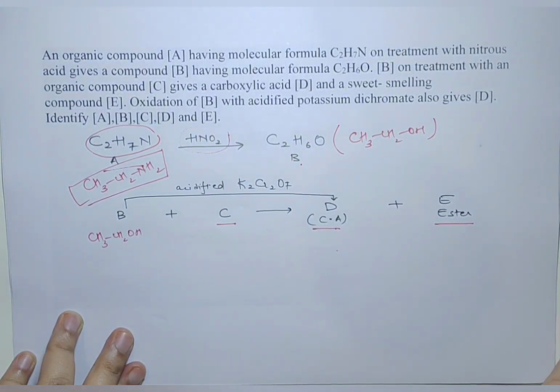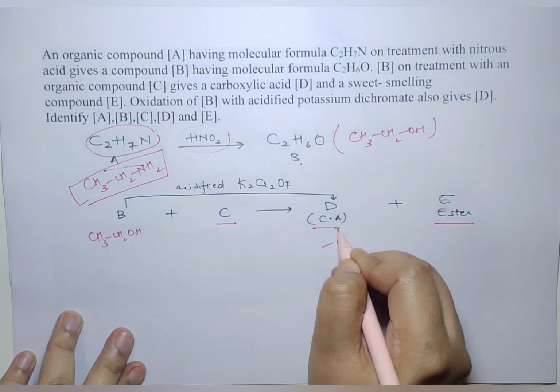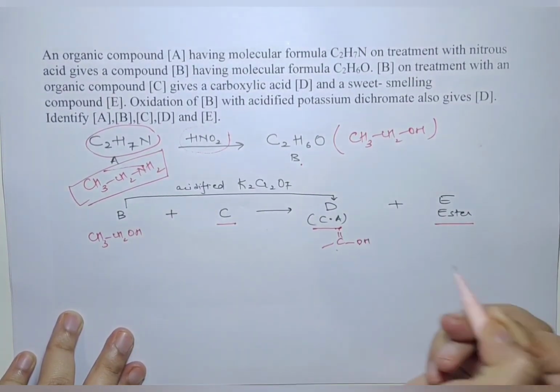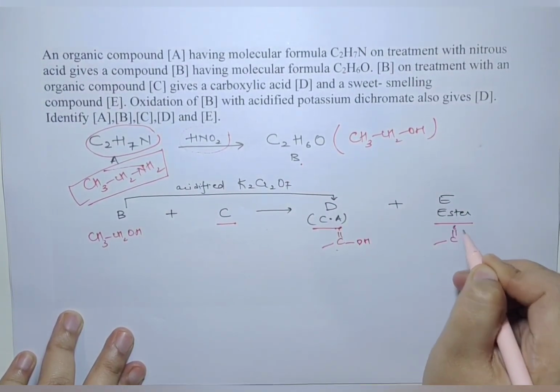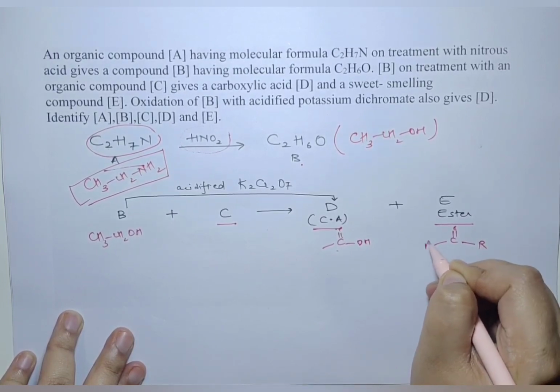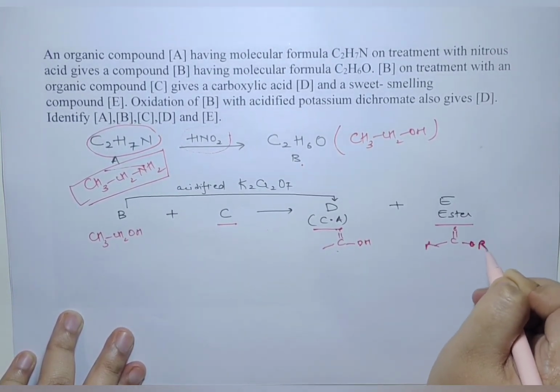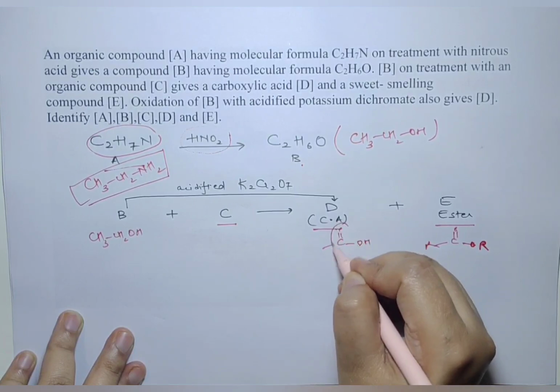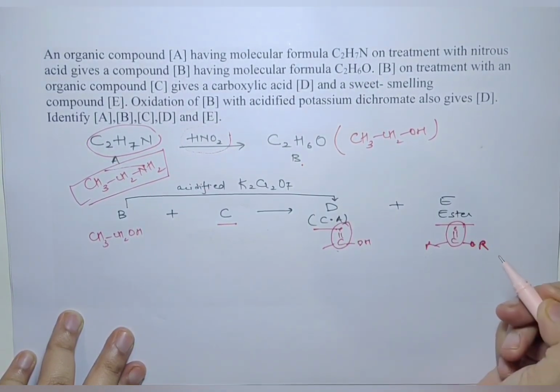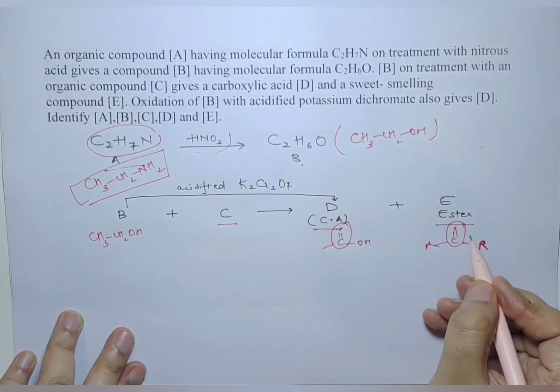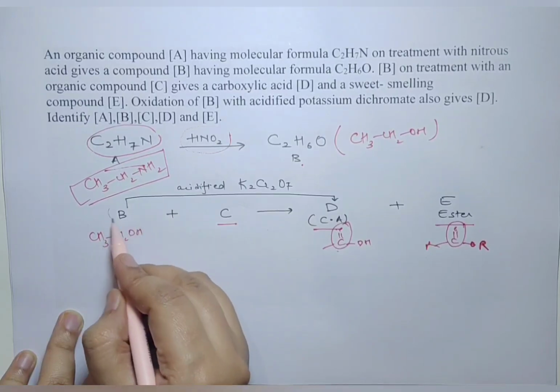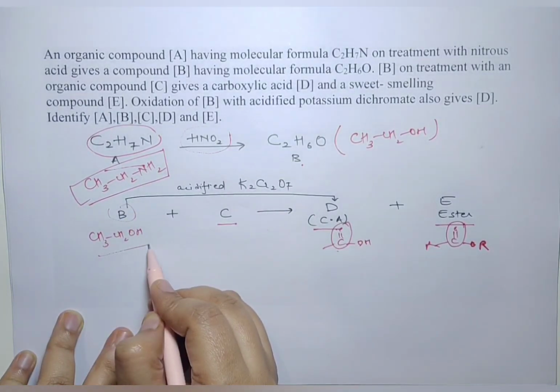So carboxylic acid has this group, ester has this group, right? O, R. So that means they both have the C double bond O groups in the product. In the reactant, in B at least, we don't have any carbonyl carbon.